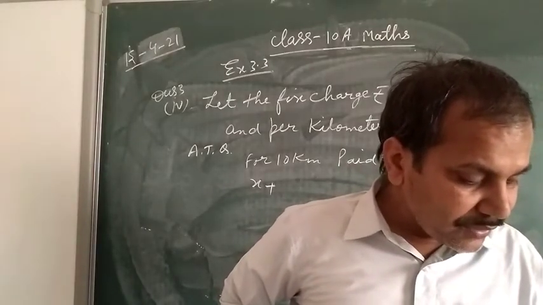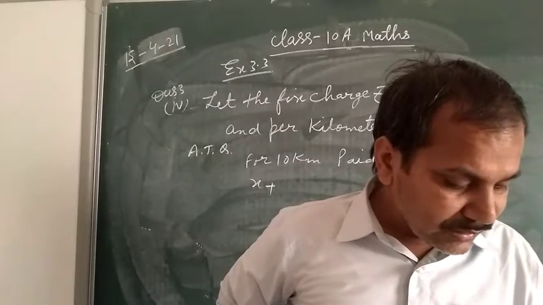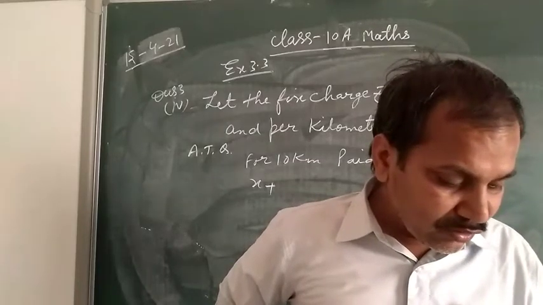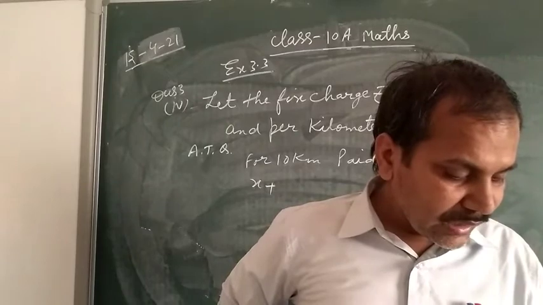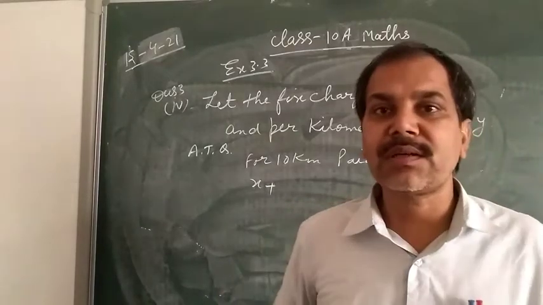For a journey of 15 km the charge paid is rupees 155. What are the fixed charges and the charges per kilometer? How much does a person have to pay for traveling 25 kilometers?